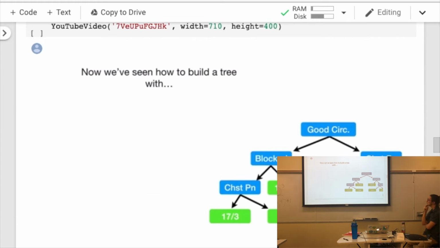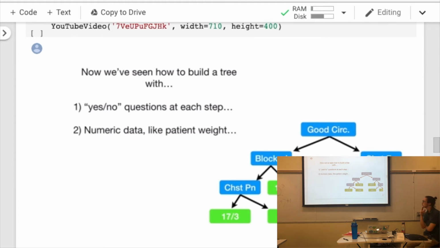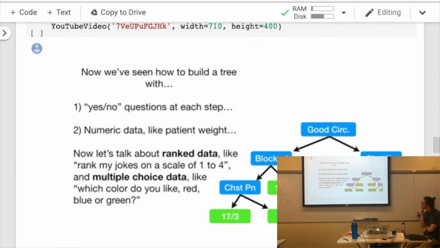Now we've seen how to build a tree with yes-no questions at each step and numeric data like patient weight. Now let's talk about ranked data, like rank my jokes on a scale of 1 to 4, and multiple choice data, like which color do you like, red, blue, or green?